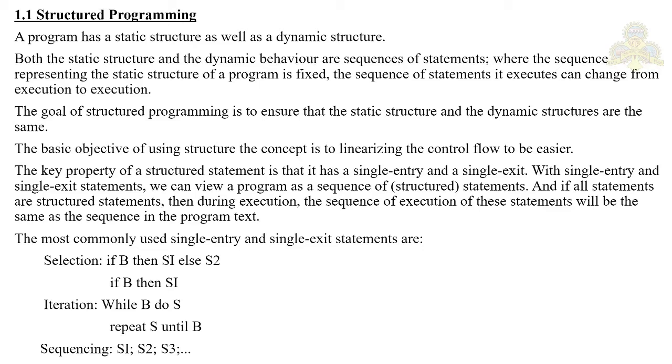In other words, both the static and dynamic structures are sequences of statements, while the sequence representing the static structure of the code remains fixed, the sequence of statements executed can change from execution to execution. The goal of structured programming is to ensure that the static structure and the dynamic structure are the same. Getting it?